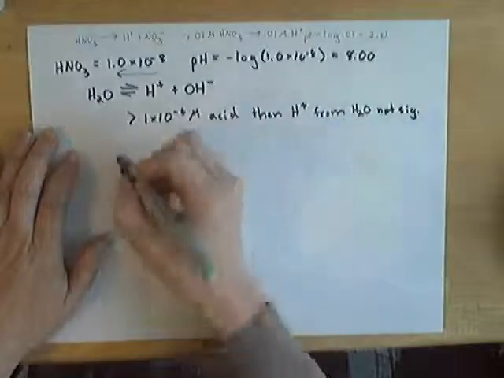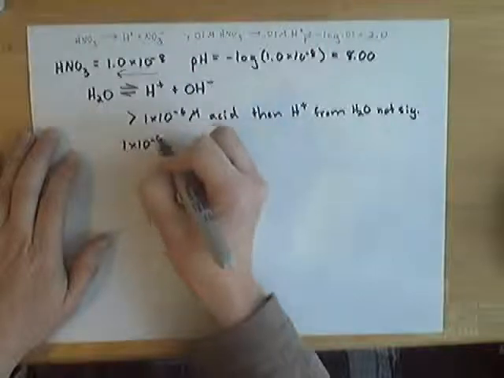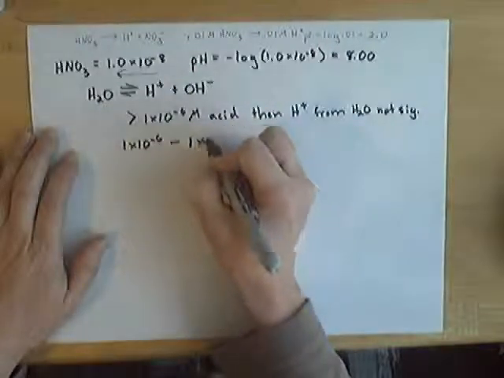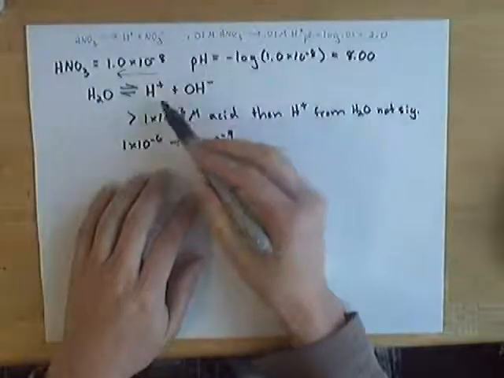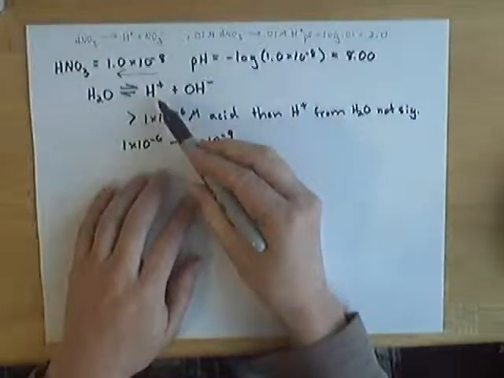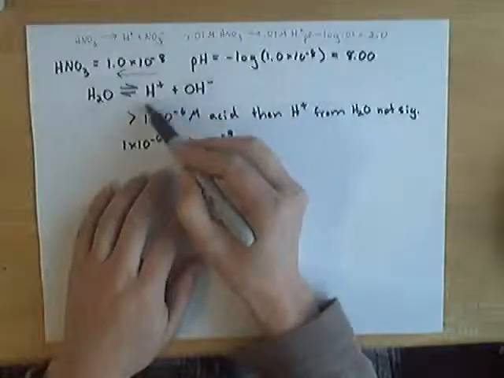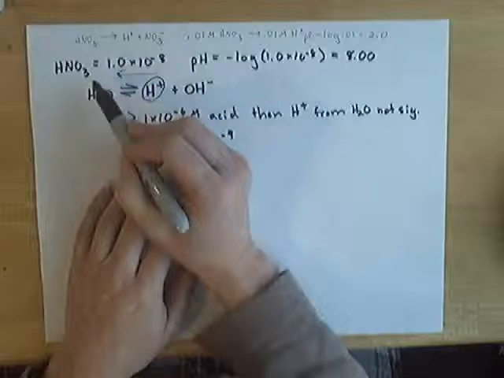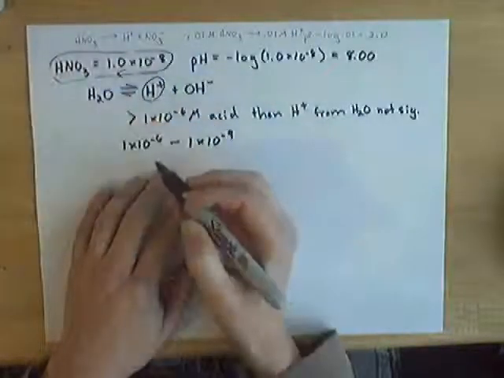But if you have a situation where the concentration of acid is somewhere in the neighborhood of 1 times 10 to the negative 6 to 1 times 10 to the negative 9th, well, now the contribution of that water is really important, all right? It's important to take into account the H+ coming from the water and also the H+ coming from the nitric acid, all right?